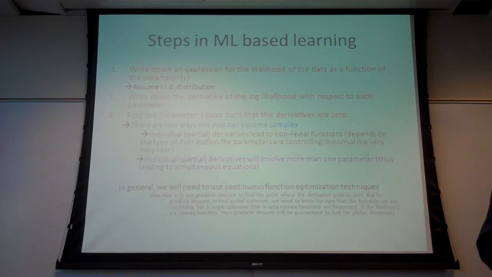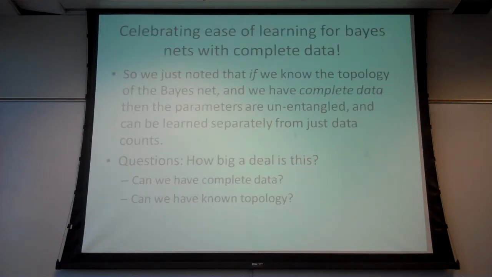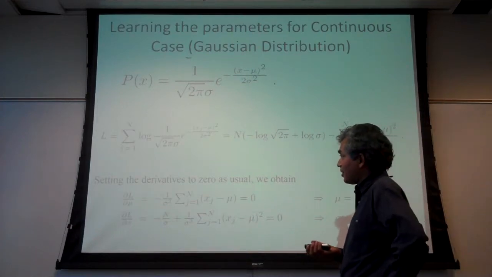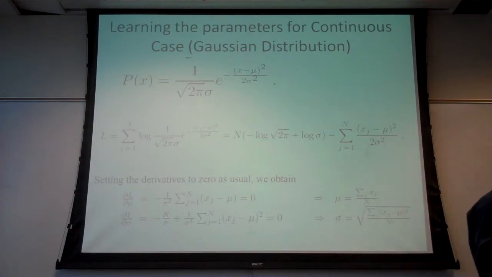Each partial derivative is about one parameter, and they're all linear, so you equate them to 0, solve a set of linear equations, and you're done. In the continuous case, the parameters still entangle, but in this particular case you got 2 simultaneous equations, where one equation is about only one of the variables and the second is about both. So it's again easy to solve. Okay, and we looked at that.